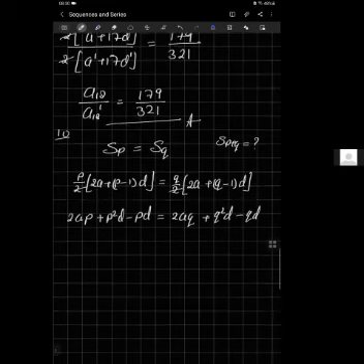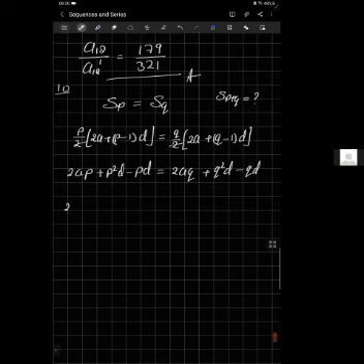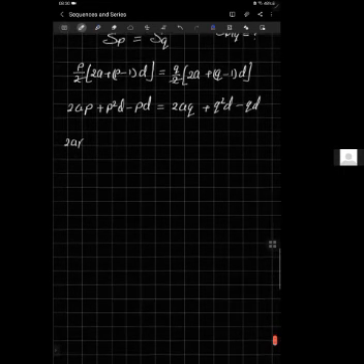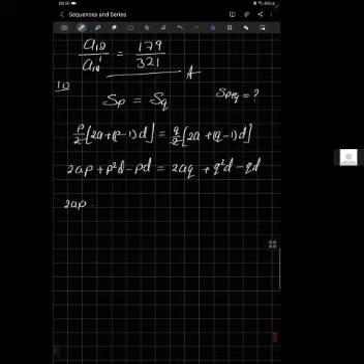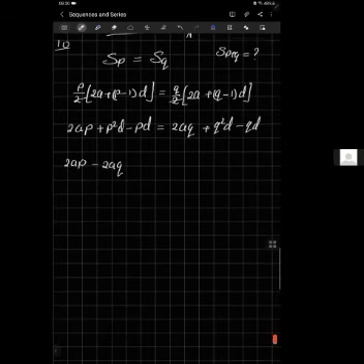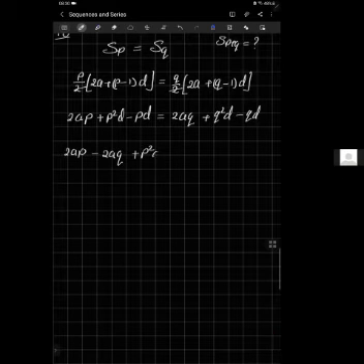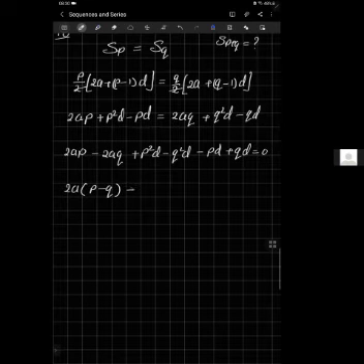Keep in mind this thing also. 2AP minus 2AQ plus P square d minus Q square d minus Pd plus Qd equals to 0. 2A into P minus Q plus d into P square minus Q square minus d into P minus Q equals to 0.